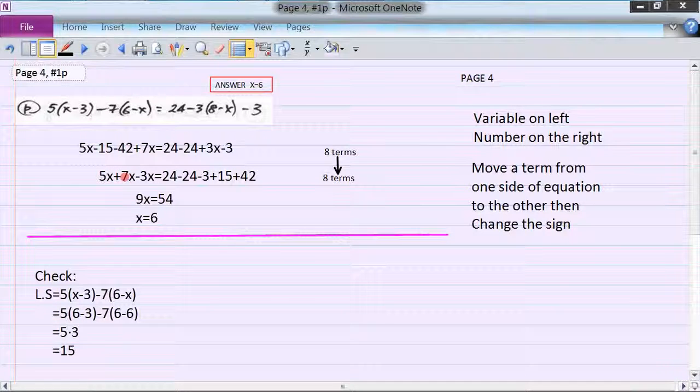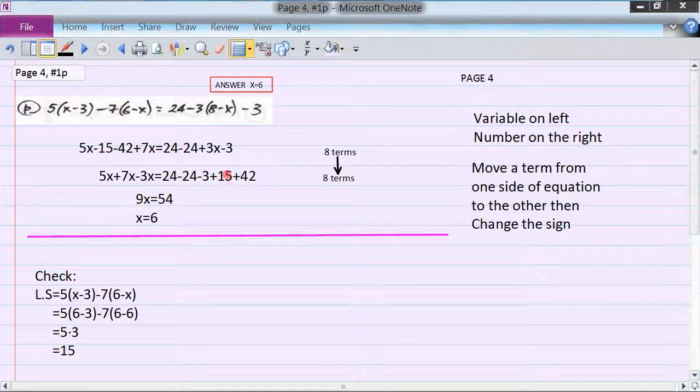So 5x plus 7x is 12x. 12x minus 3x is 9x. Same as saying 5 plus 7 is 12 minus 3 is 9. We got the x term as part of this whole operation. Now 24 minus 24 is 0.